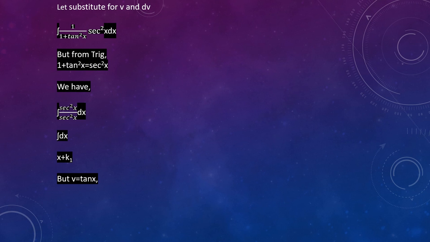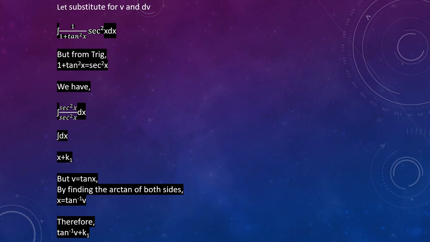By finding the arctan of both sides, I would have arctan v equals arctan tan x, so x equals arctan v. So instead of x, I'll have arctan v plus k1 as the answer for my first side.